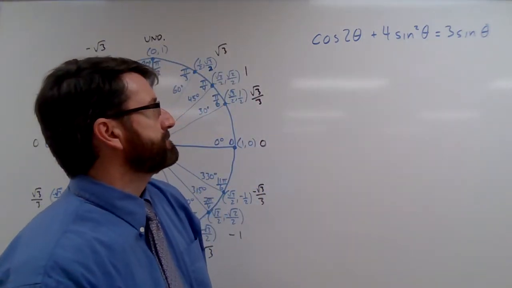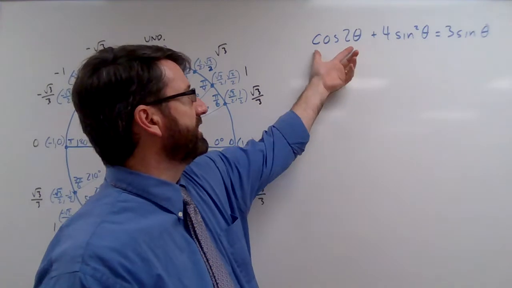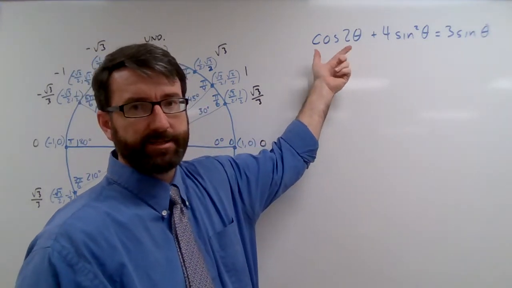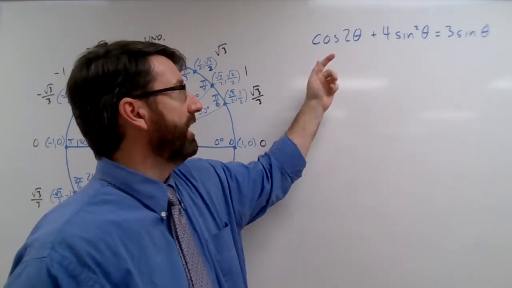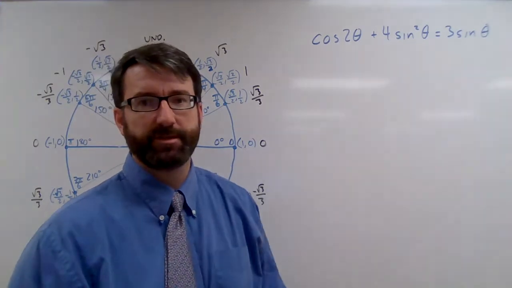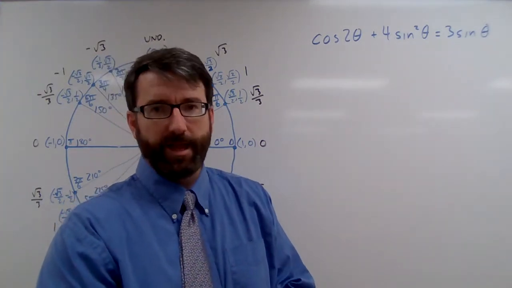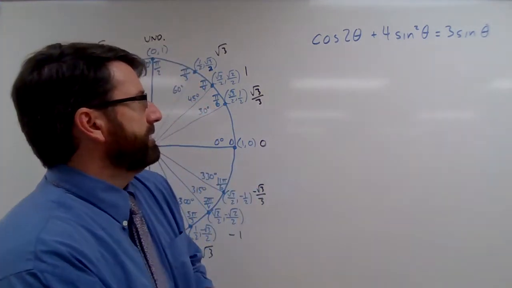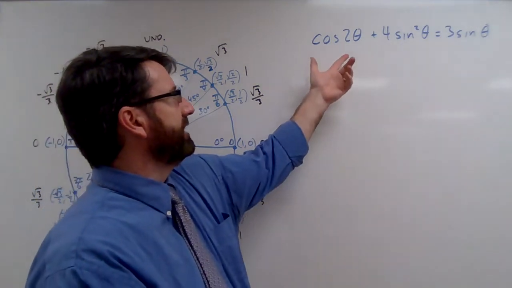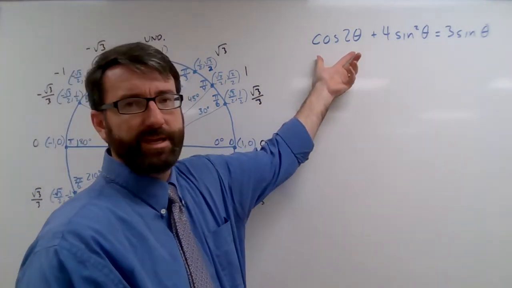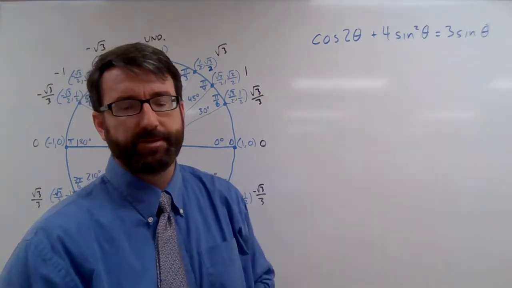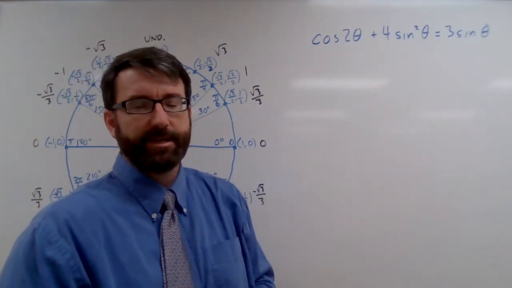So what we're going to do on this one, let's use our double angle identity to change this cosine of 2 theta into something with just a single angle theta. And while we're at it, we've got 3 choices for cosine of 2 theta. There's 3 identities.